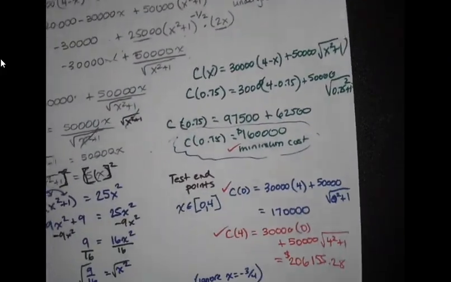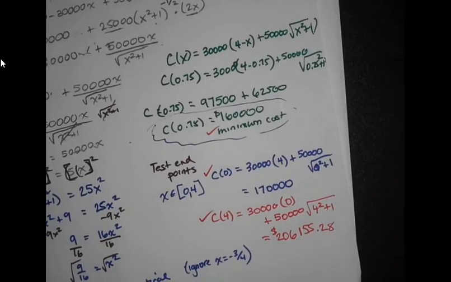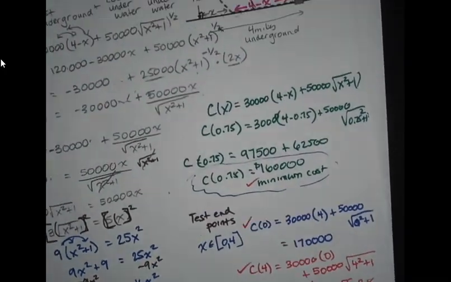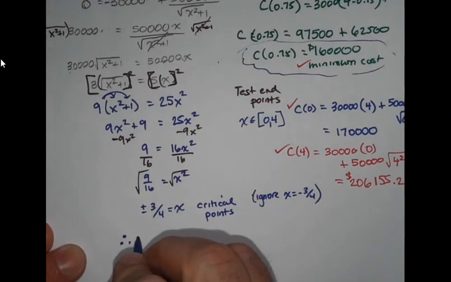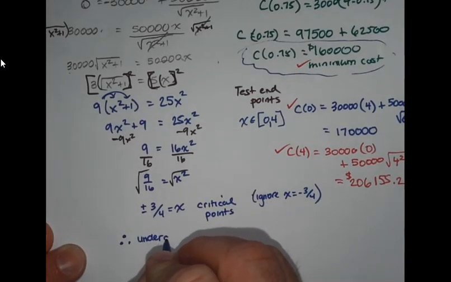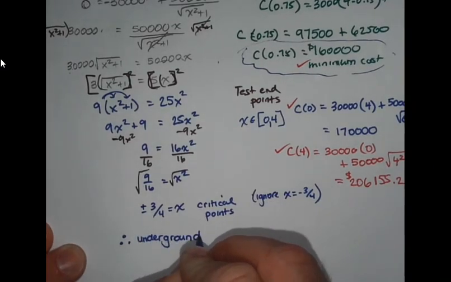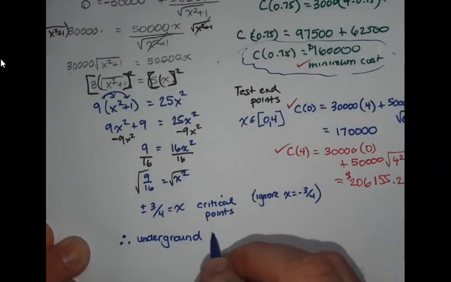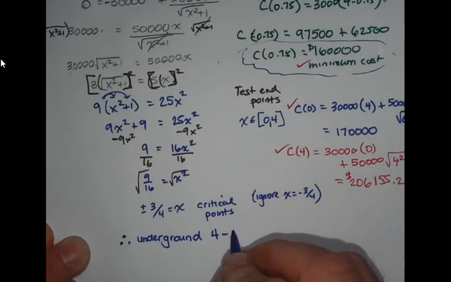So if I was looking at my therefore sentence, underground would be my 4 minus 0.75.